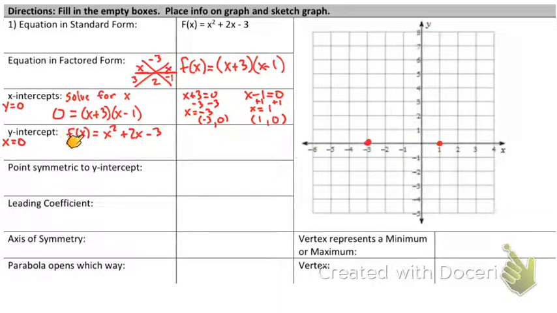So I'm going to replace f of x and turn it into y. And all I'm going to do now is, for wherever I see x, I'm going to plug in 0. So 0 here and 0 here. So y equals 0 squared plus 2 times 0 minus 3.